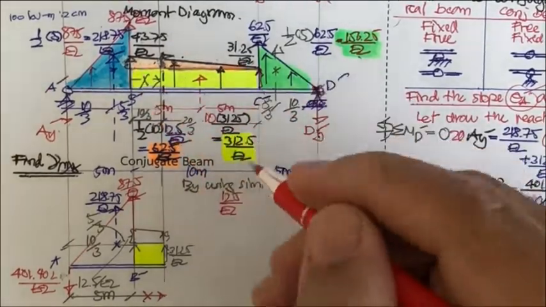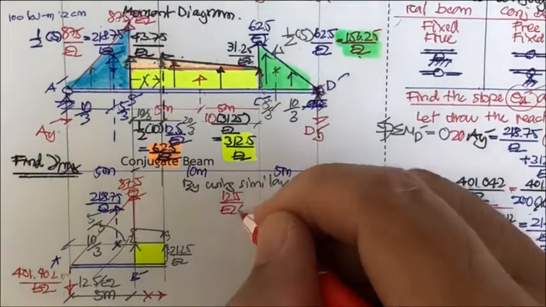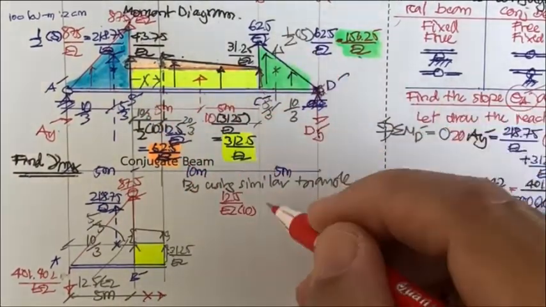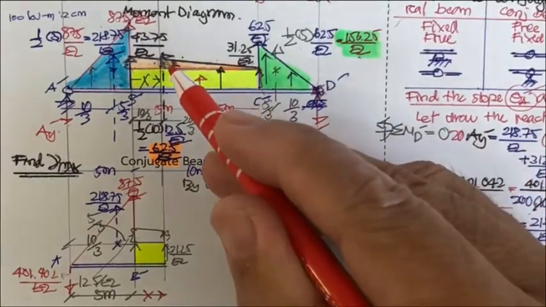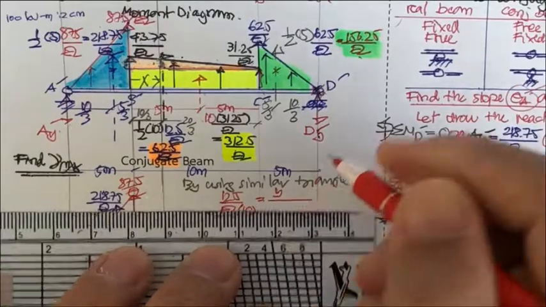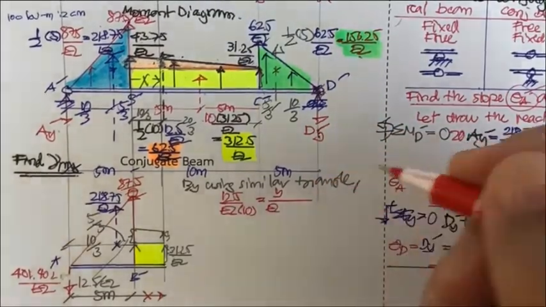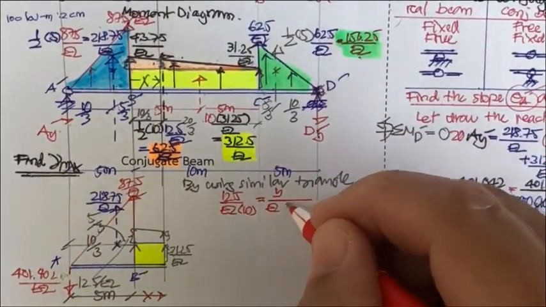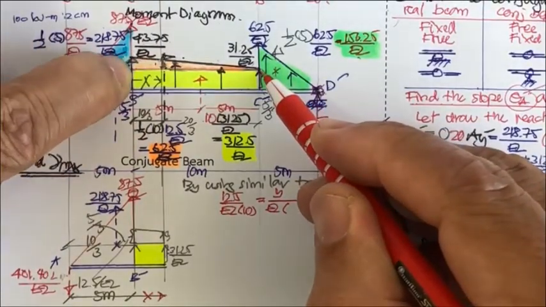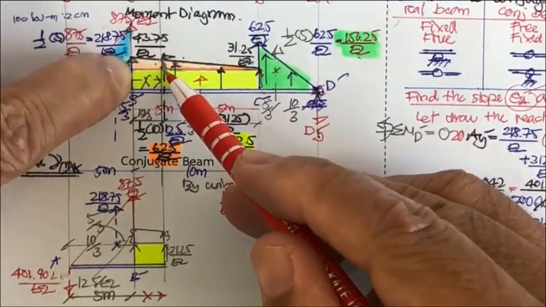Then it's going to be divided by 10, 12.5, and it's going to equal to, let's say it's y, divided by EI, and then here it's going to be 10 minus x.